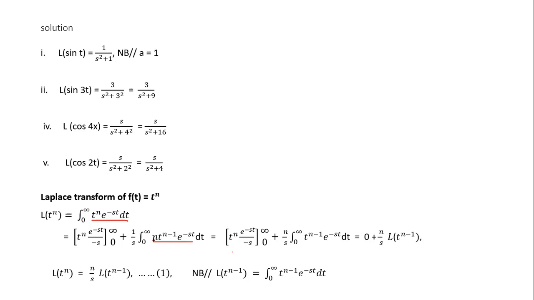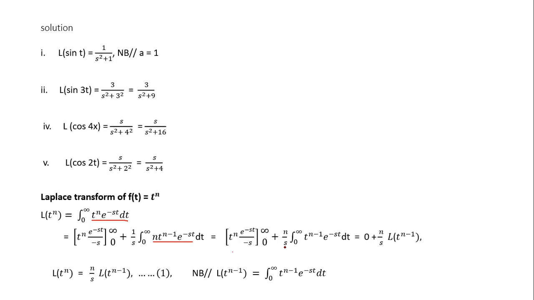But I can just bring the n out here to become n over s, integral of t power n minus 1, exponential negative st dt. So by bringing n out, we get this. So we have n over s.